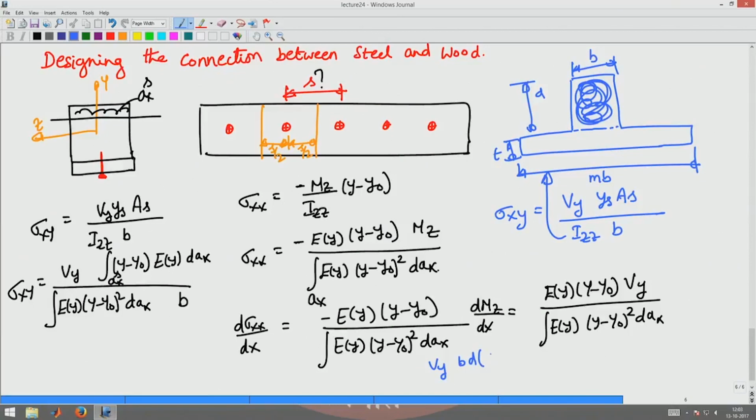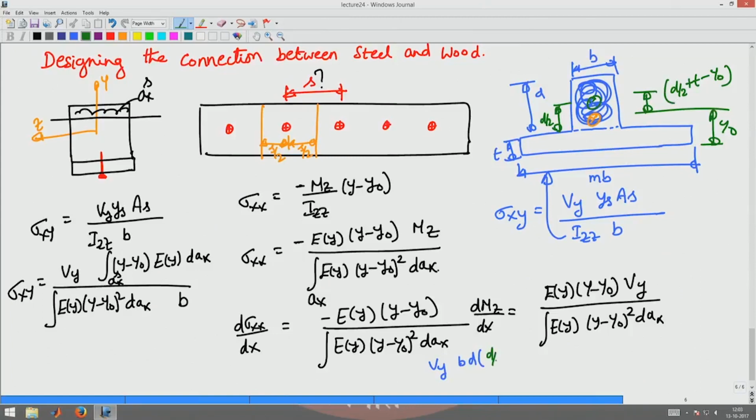So it will be neutral axis is somewhere here, this is the neutral axis, the center of that cross section would be this distance is d by 2, and I know that this distance is y naught. So I am interested in this distance, that distance would be d by 2 plus t minus y naught, okay.